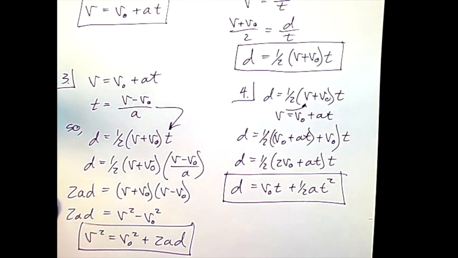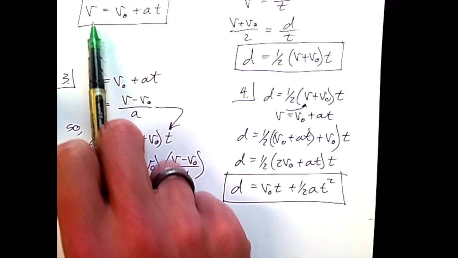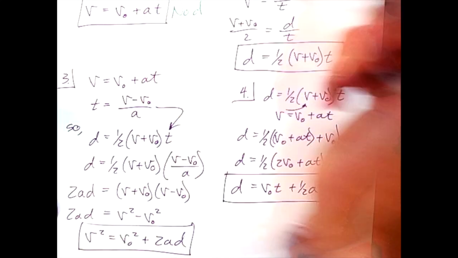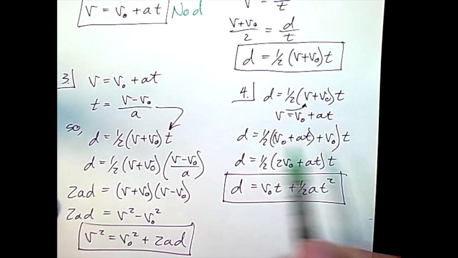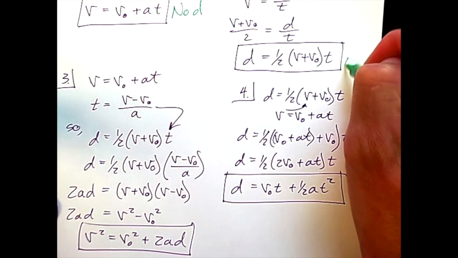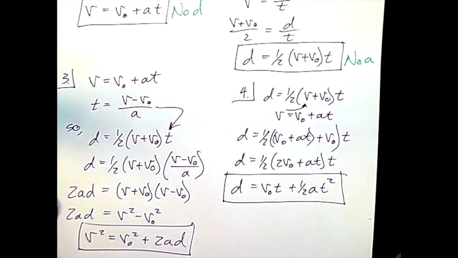And so keeping in mind v, v naught, d, a, and t, I look at this first equation, v, v naught, a, and t. This equation does not have displacement. Second equation, d, v, v naught, and t: this equation does not have acceleration.